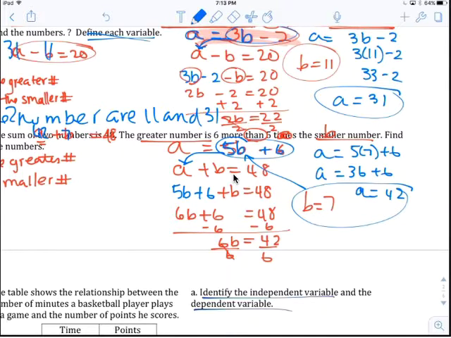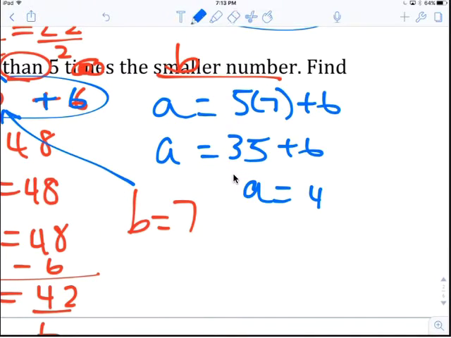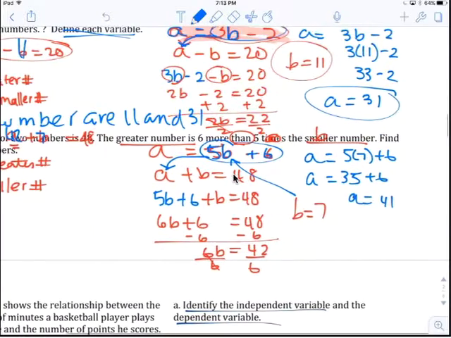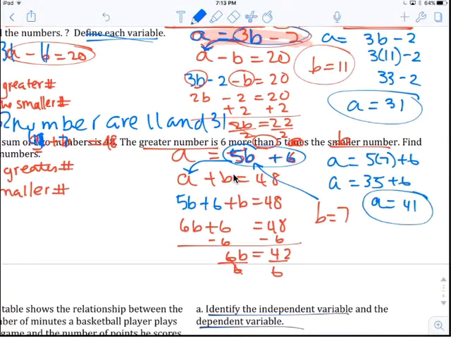Okay. I missed it by 1. Over here, 41. So A is 41, so it's 41 plus 7.